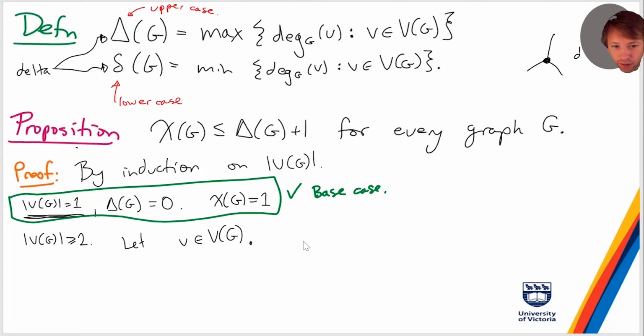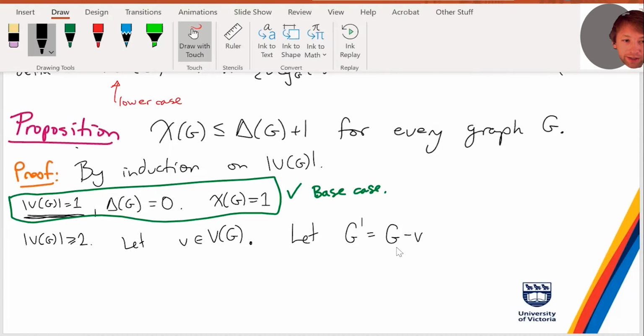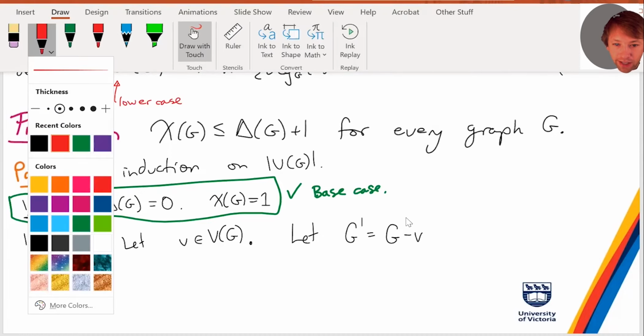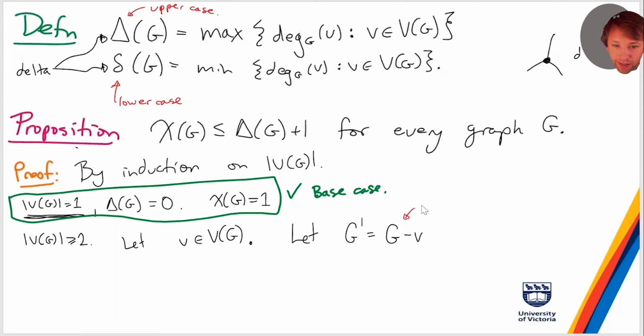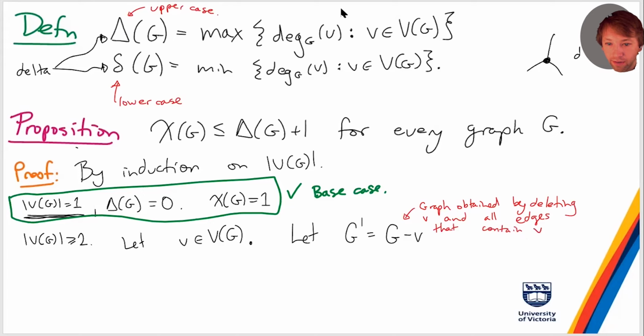Let G prime be the graph G minus V. Whenever I write G minus V for some vertex, this is the graph I get by deleting V and all edges that contain V.